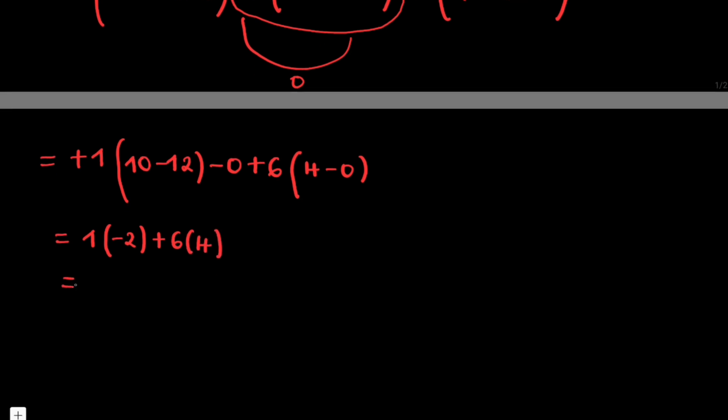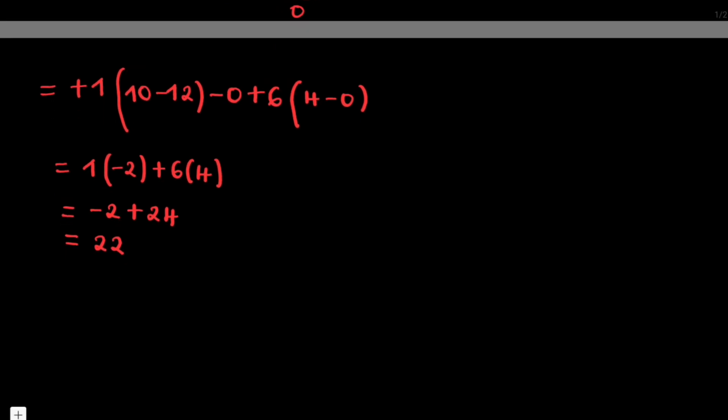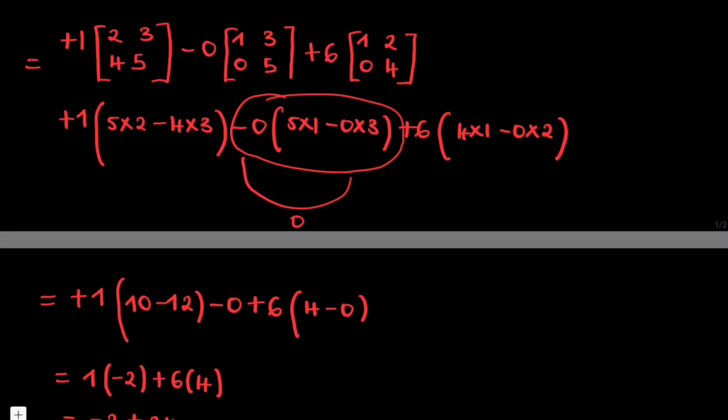So this is minus 2 plus 24, since 6 times 4 is 24. Minus 2 plus 24 is 22. So the determinant of B is 22. As easy as that.